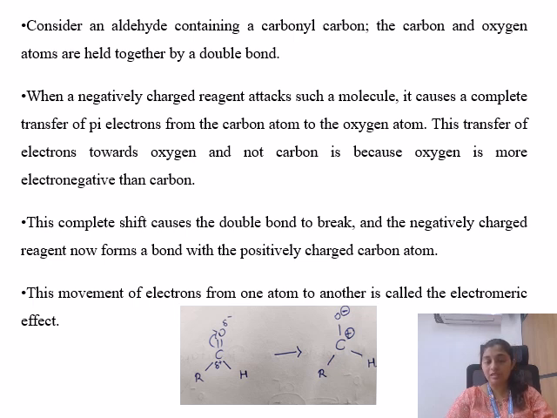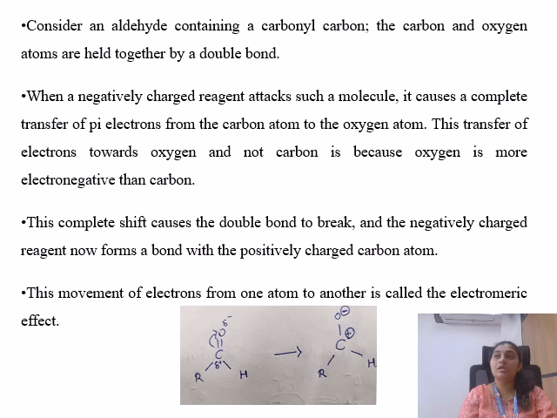So you can write the reaction like that: instead of C double bond O, you can represent C single bond O, and on the oxygen you can mention the minus charge for the electron, and carbon that does not contain the electron, so that's why we call it carbon containing the positive charge. So this movement of electron from one atom to another atom, you can call the electromeric effect.